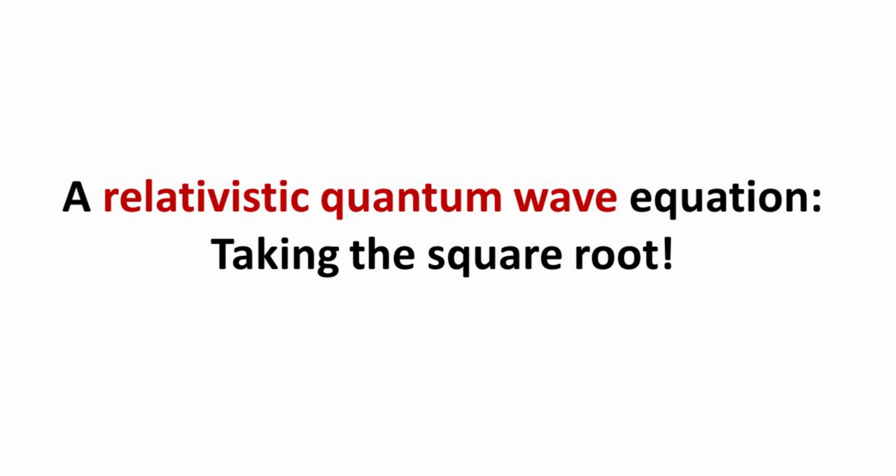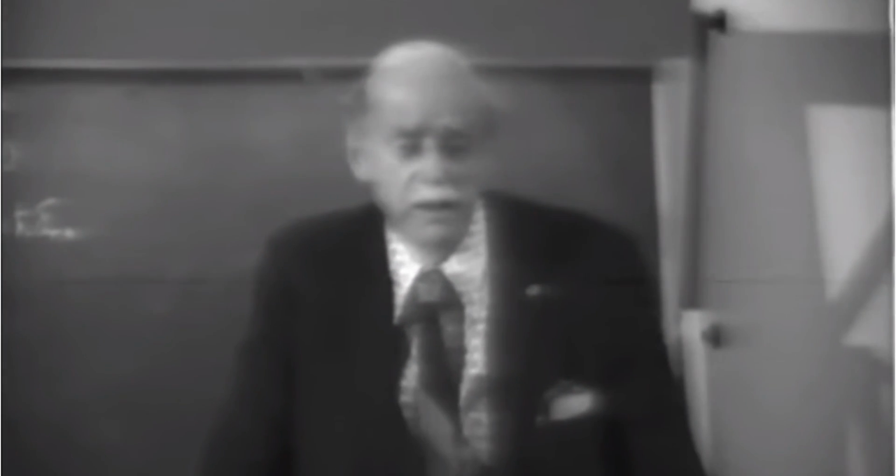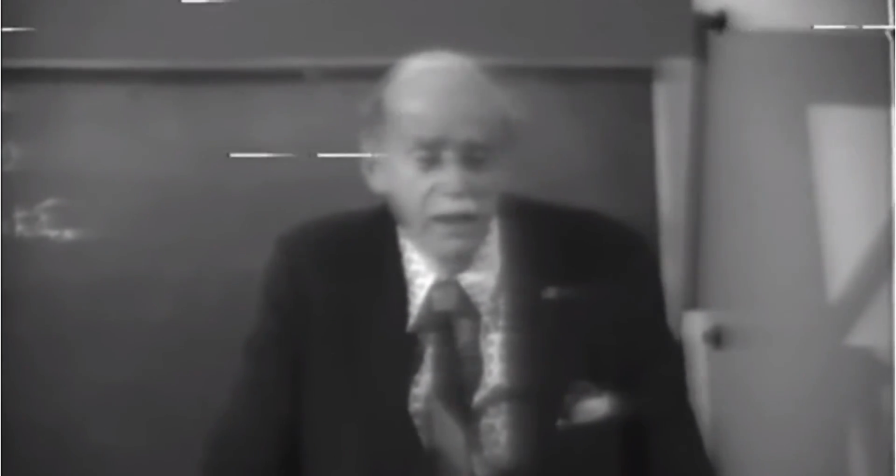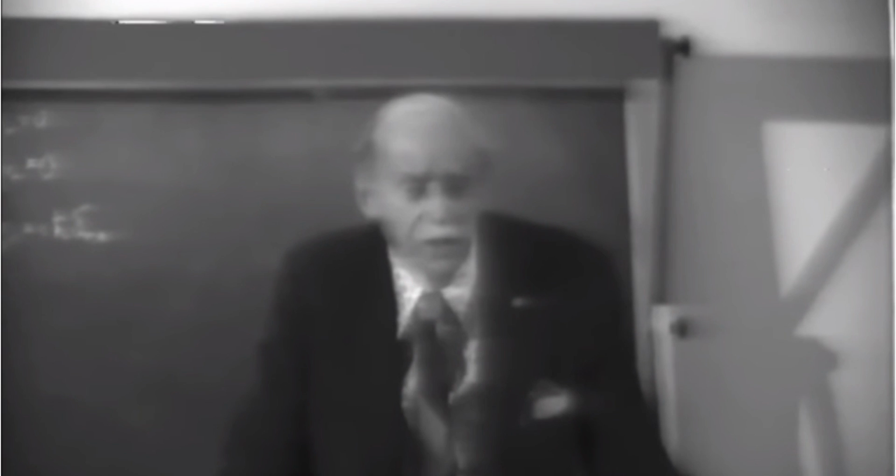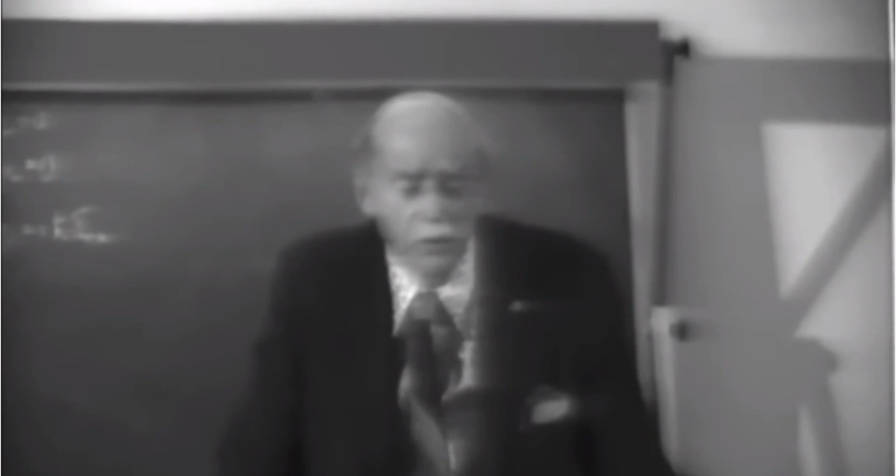A relativistic quantum wave equation: taking the square root. But the theoretical physicist is just sitting in an armchair and thinking things over. How can he be led to a discovery? The answer is that he works from the mathematics. He takes the mathematics of the existing theory. There is a formalism, a number of equations which have to be interpreted in a certain way.